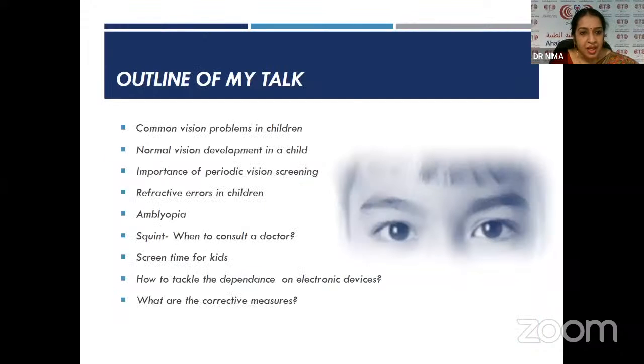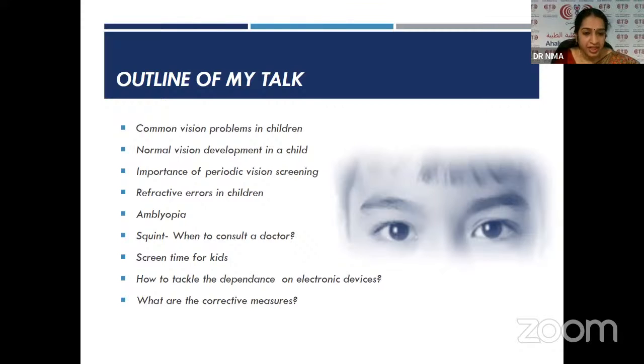So I will divide my talk into the following headings. What are the common vision problems in children which we commonly encounter in the OPD? Normal vision development in a child. We have to know the normal, then only we can detect the abnormal. Then, what is the importance of the periodic vision screening and when is this done?